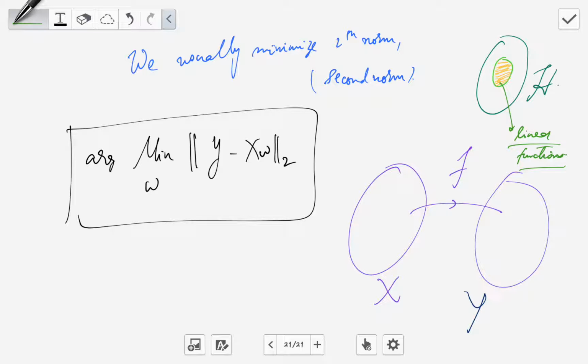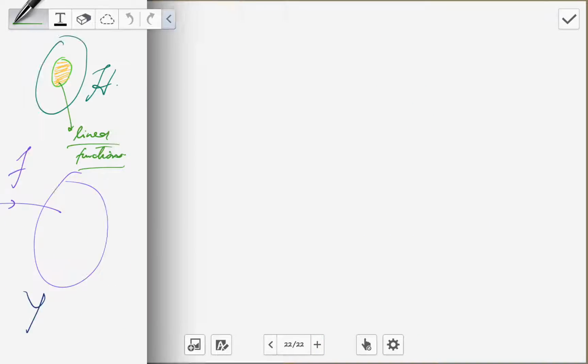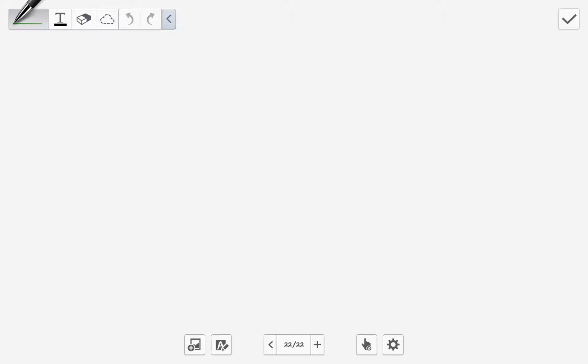Now, once this is done, let us see what will happen if we are talking about the pth norm. It is y minus xw to the p, isn't it?